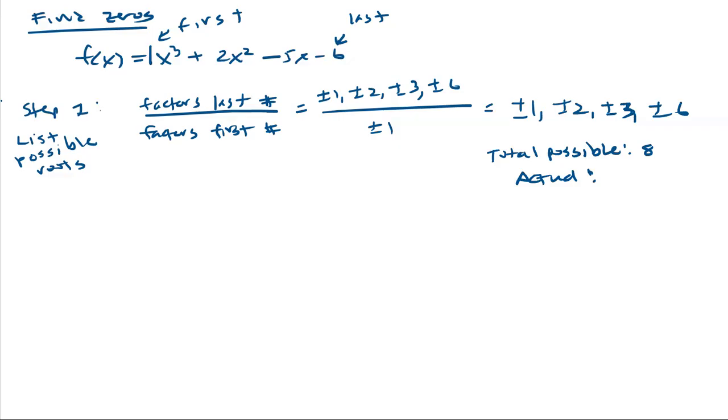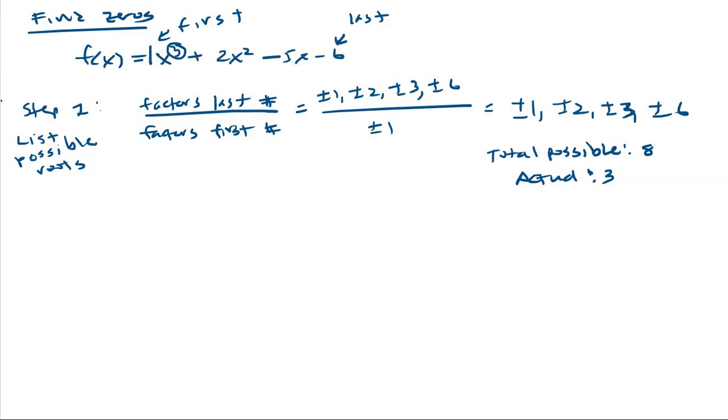Well, it's going to be 3, right? 3 is the highest power here. So that means we should have 3 answers, 3 roots. Sometimes they're imaginary, but that's not what we're looking for, but it might be. So the actual roots is 3.